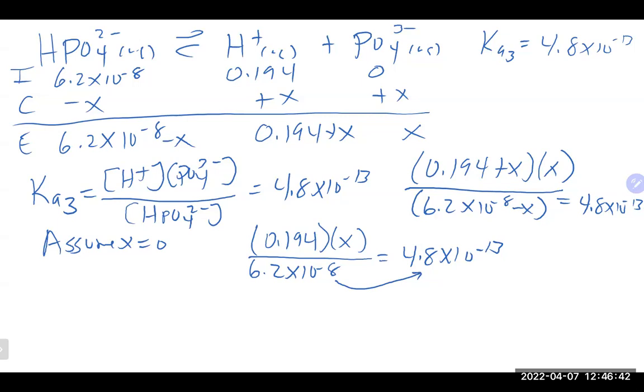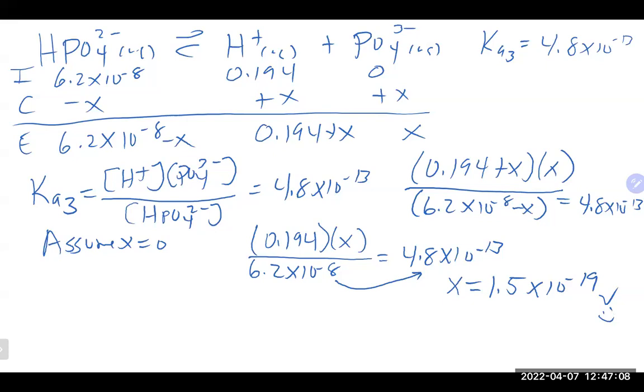That gets us 6.2 to the minus 8 divided by 0.194 gets us an x value of 1.5 times 10 to the minus 19 in this case. Again, we could check it by dividing by either number, and you are definitely good no matter which number that you divide by to check it.